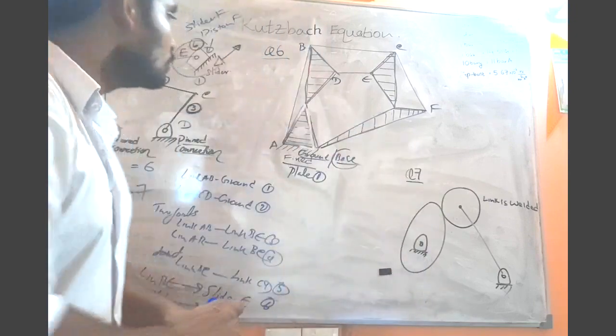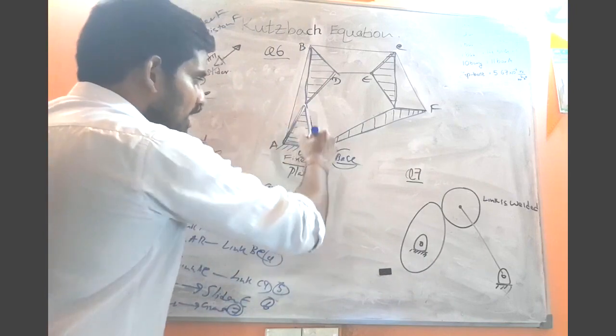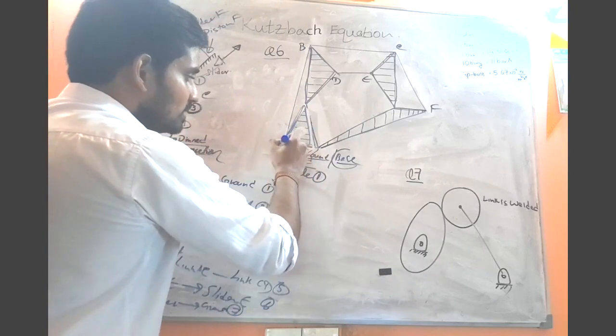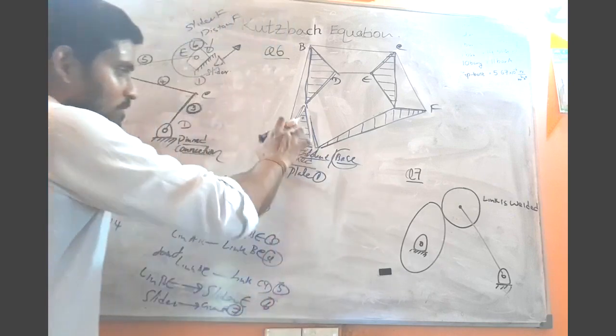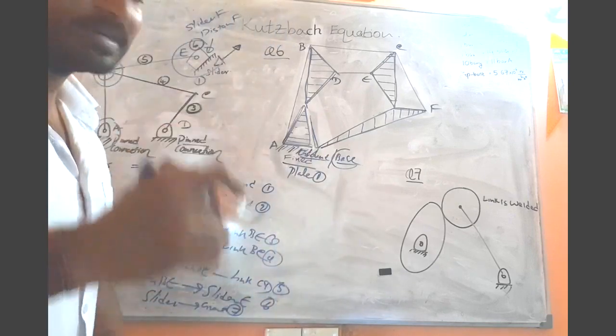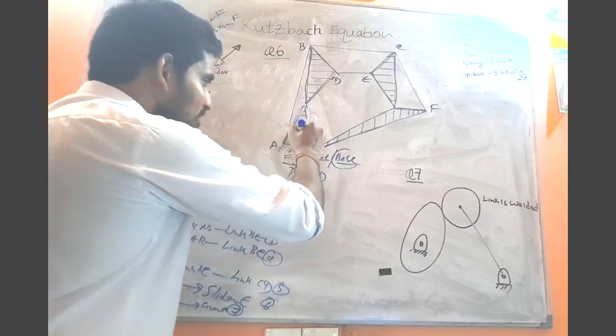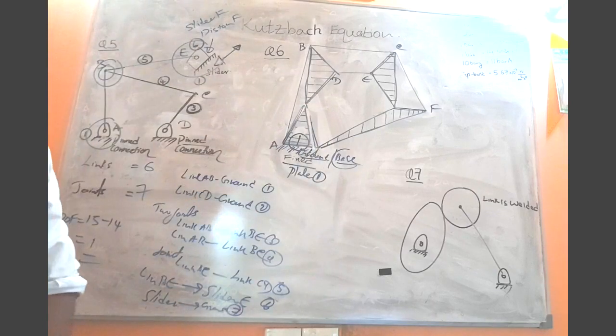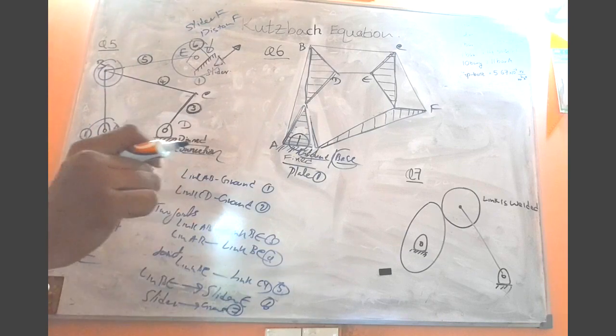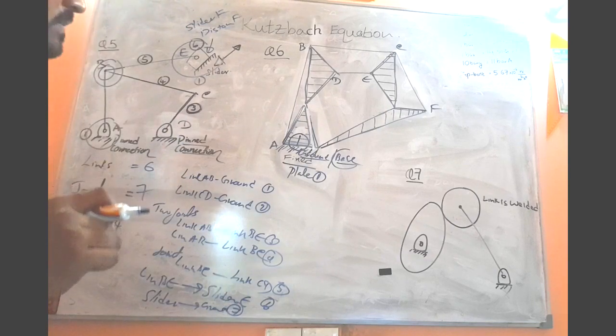So for both of these members, we give member label number 1. Got the point? That is the label number 1.